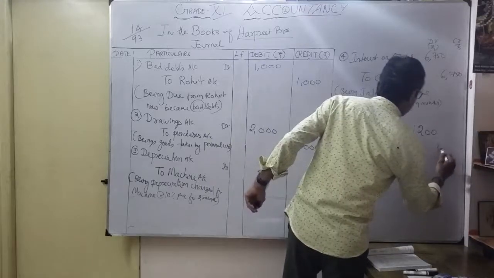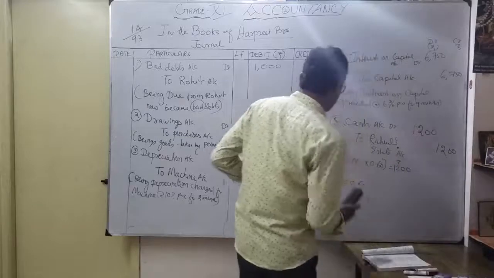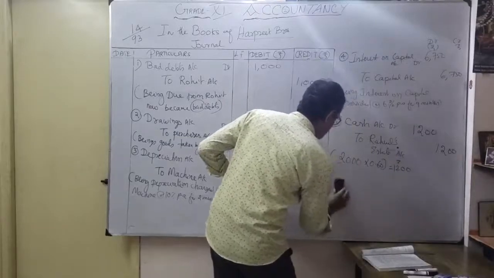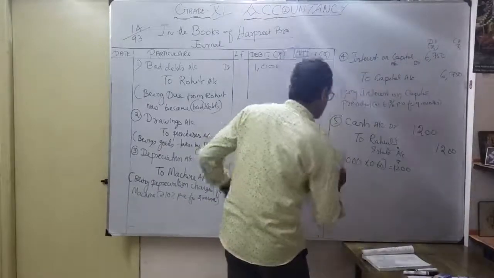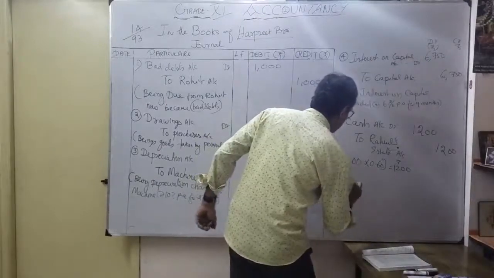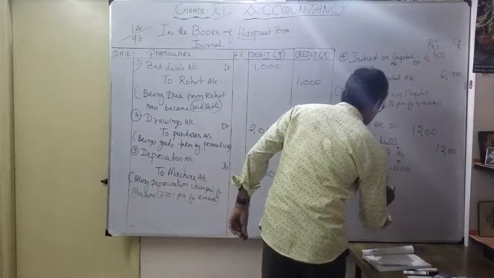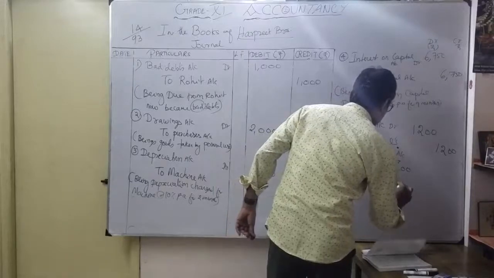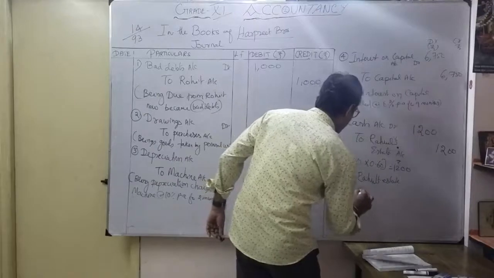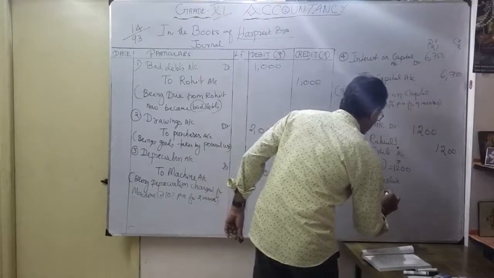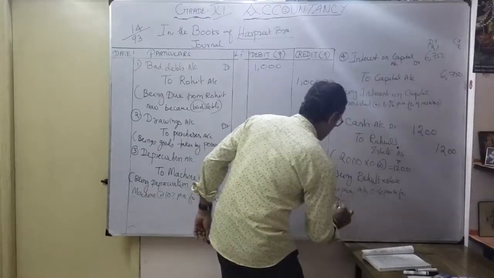That's why I mention here how much you received: 1,200. Now, the narration. Here I am writing in brackets, this is the working note, and the journal entry. So what is our narration? Being Rahul's estate has to pay only 60 paise for every 1 rupee.